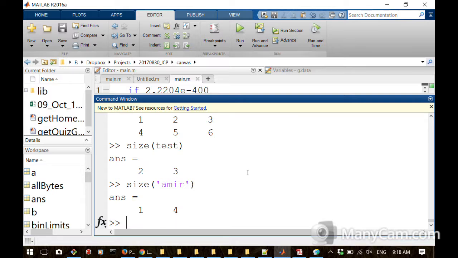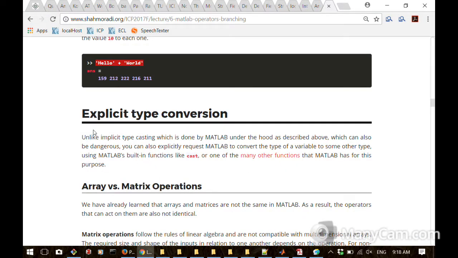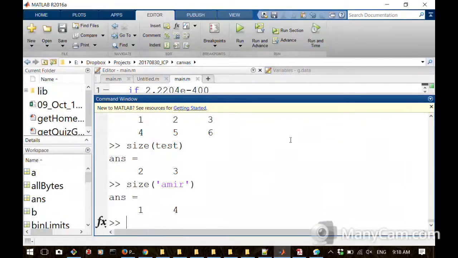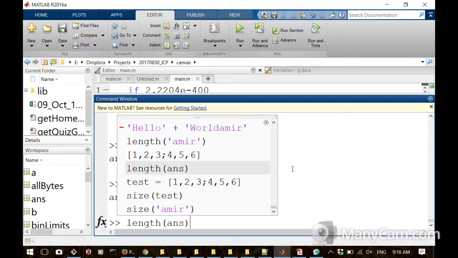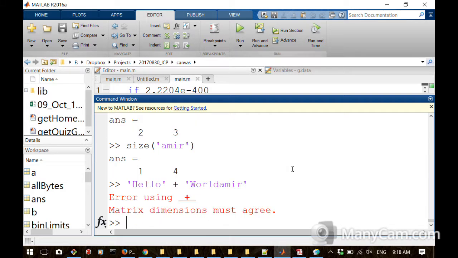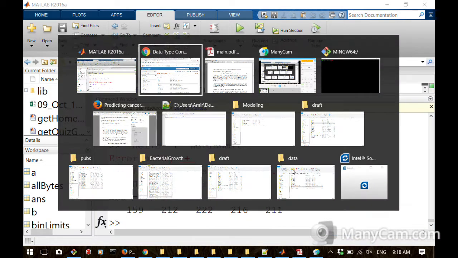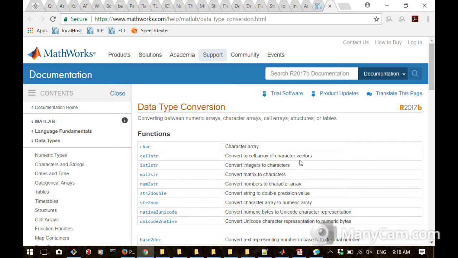Okay. So that said, there are many functions that can convert the type of the variables for you explicitly. So what I showed you here is implicit type conversion. You have a character, and then it is implicitly converted to a vector of numbers, right? But you can also explicitly request this.